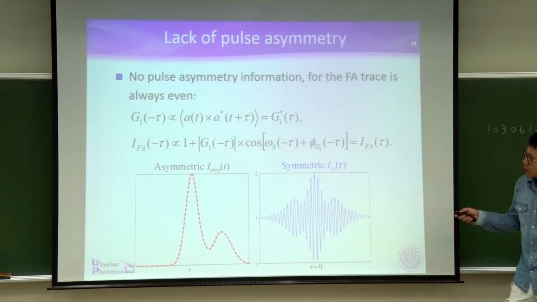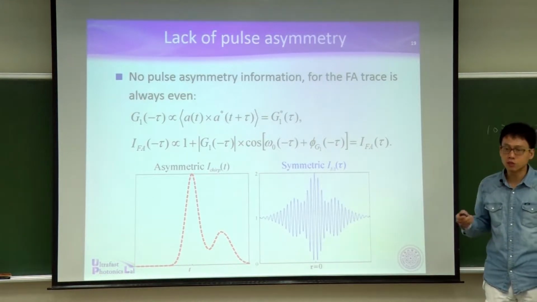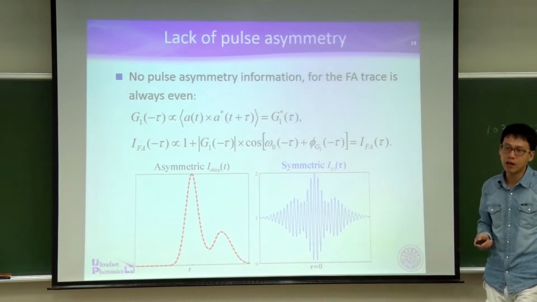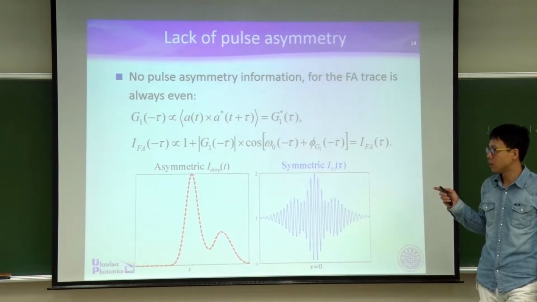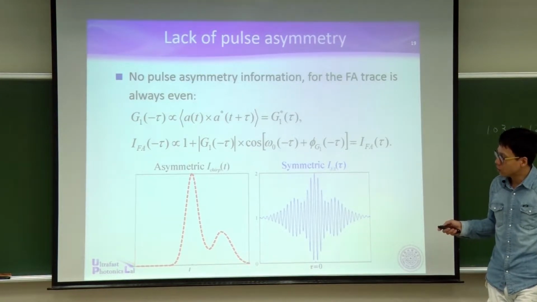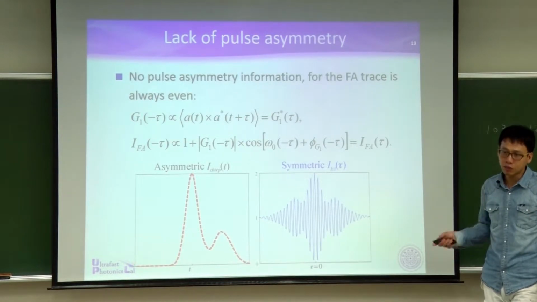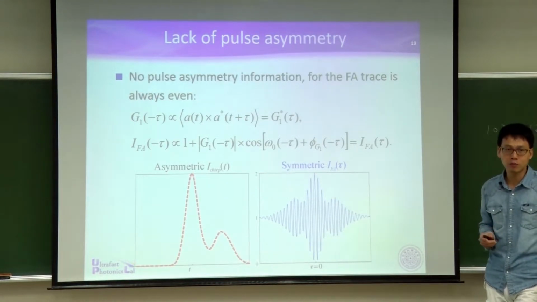So you have minus omega 0 tau minus phi G1, but they are within the cosine argument, and the cosine is an even function. So it turns out that this is nothing but cosine of omega 0 tau plus phi G1. So it proves IFA of minus tau happens to be the same as IFA of tau. This is a proof that the field autocorrelation trace is an even function. So even though your input pulse is asymmetric, your data trace is still symmetric. There is no asymmetry information.